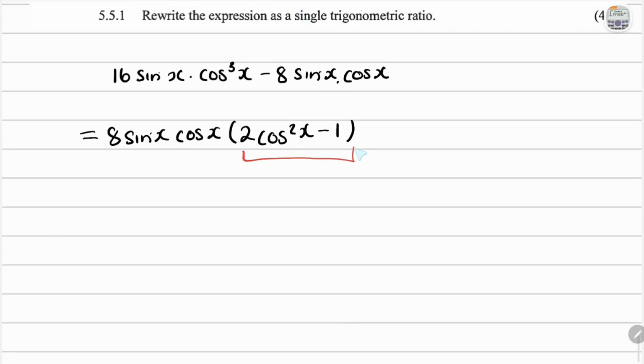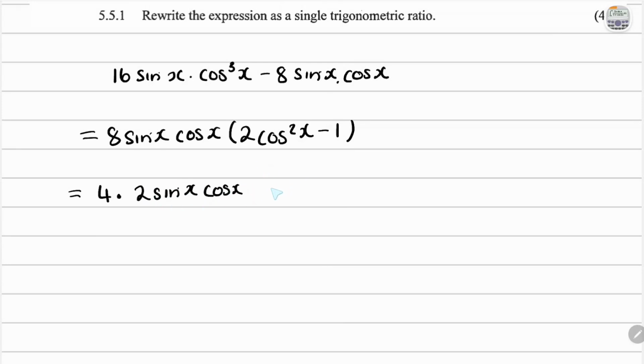So I know this is a double angle, so we can change that to cos 2x. And then this one is a double angle if we write it correctly. So look at how we can rewrite this. You're going to separate the 2 from the 8. So 8 divided by 2 is 4. So you're going to have 4 multiplied by 2 sine x cos x.